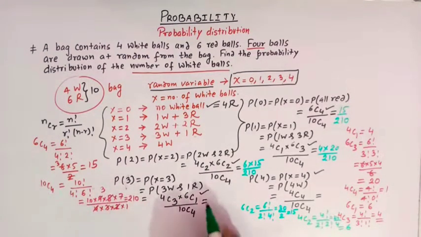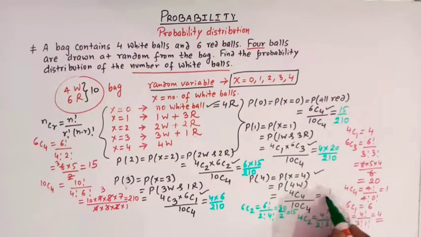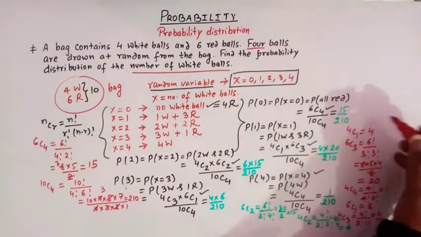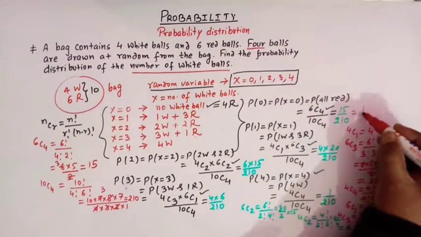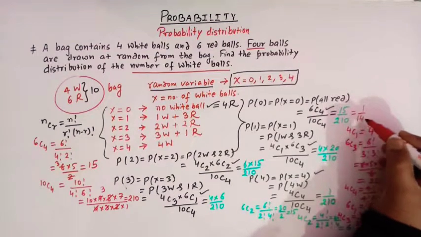And P of 3 is 4C3. Here 4C3 is 4. 6C1 is equal to 6, and divided by 210, and 4C4 is equal to 1, and 10C4 is 210, right? So now 15 over 210 is equal to 1 over 14.